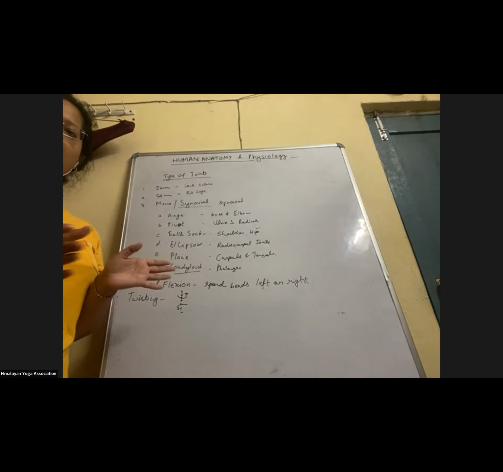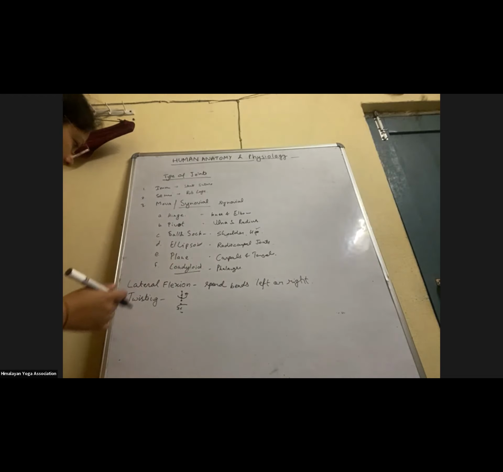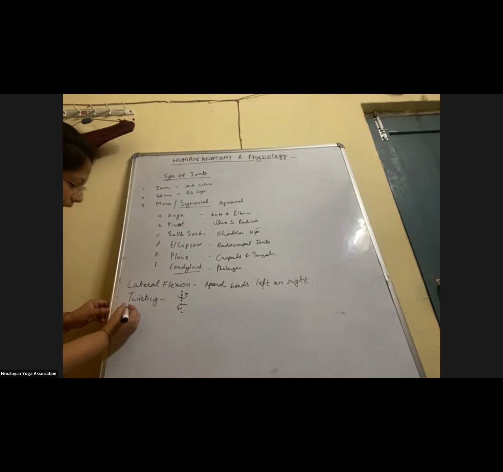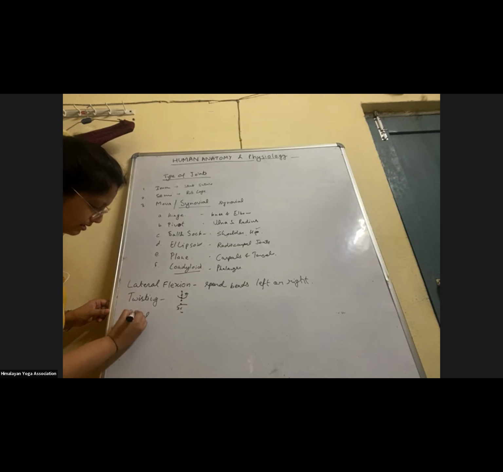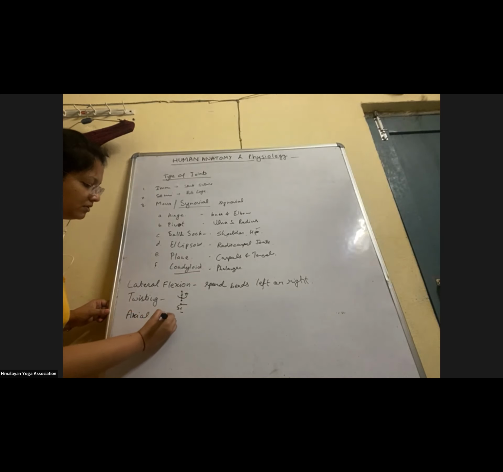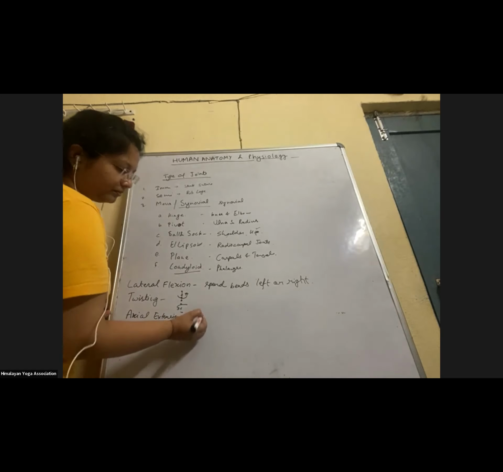Basically, the upper half twists backwards. You understand this? In yoga we do this, for example Trikonasana. Then we have axial extension.